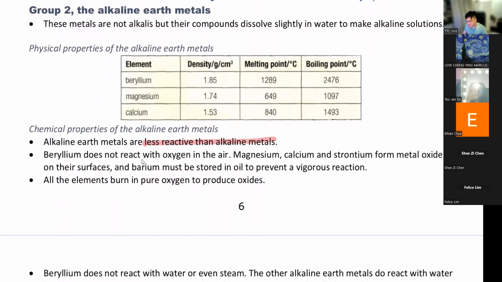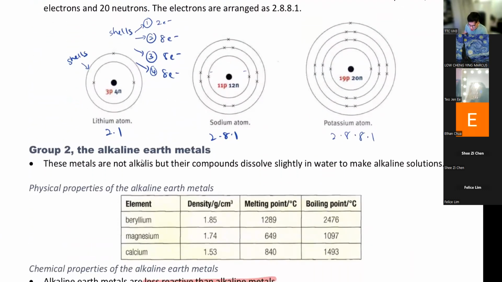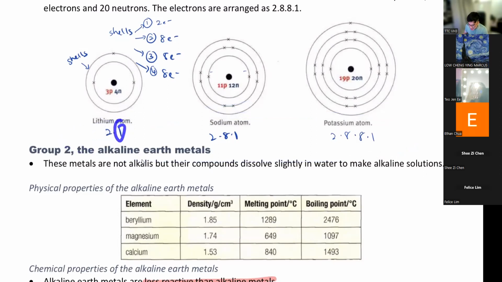Do you know why? Have you learned why these elements are so crazy? Have you learned it in school? Because of that one electron. Let's say if I'm an atom, my job is to reach a full outer shell.